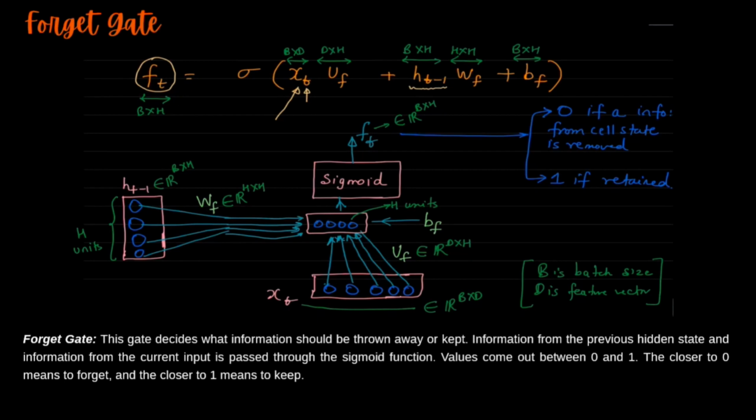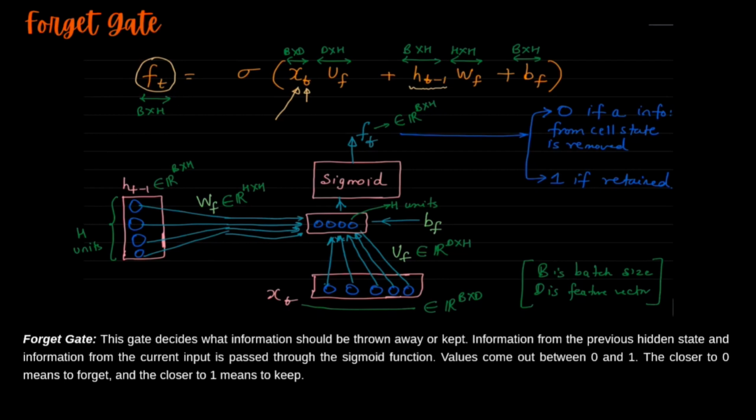The closer to 0 means to forget, and the closer to 1 means keep. And in this figure, we can see that the inputs of the gate are the previous cell state and the current input feature. The function of this gate is to determine what information needs to be forgotten from the previous cell state.